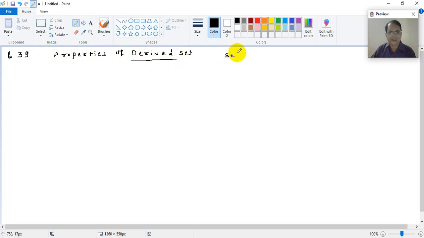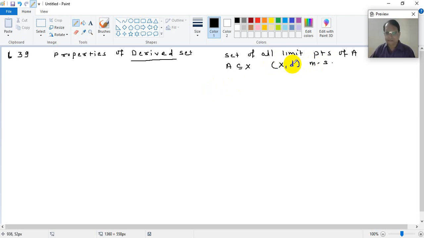It is the set of all limit points of the set A, which is a subset of a metric space. Set of all limit points of A, where A is a subset of X, and (X, d) is a metric space.